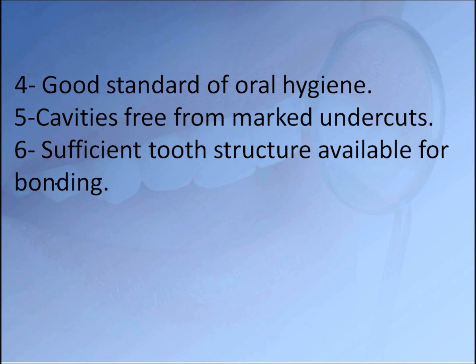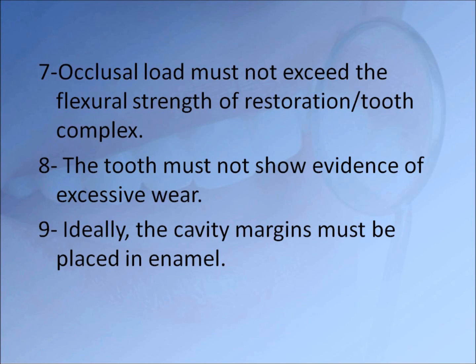Number six, sufficient tooth structure available for bonding. Number seven, occlusal load must not exceed the flexural strength of the restoration-tooth complex. Number eight, the tooth must not show evidence of excessive wear. Number nine, ideally the cavity margin must be placed in enamel.